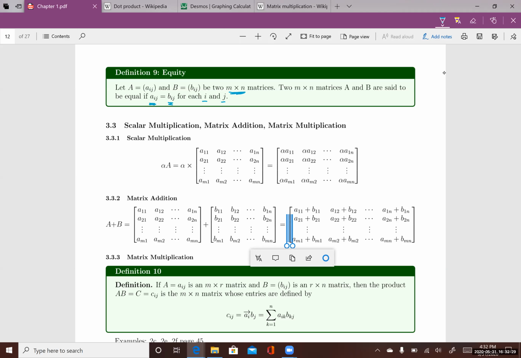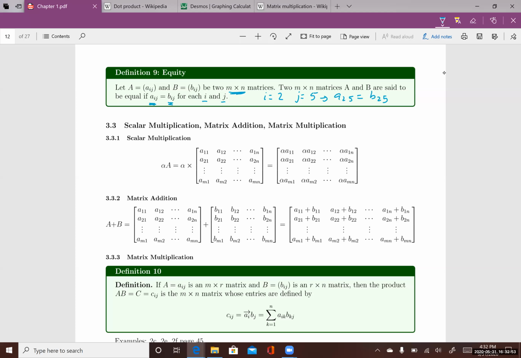For example, let's say i equals 2 and j equals 5, then a25 should equal b25, right? You pick any i and j, a_ij equals b_ij. If that is satisfied, then the two matrices A and B are said to be equal.